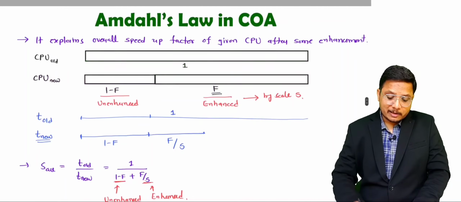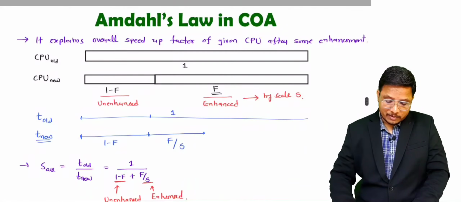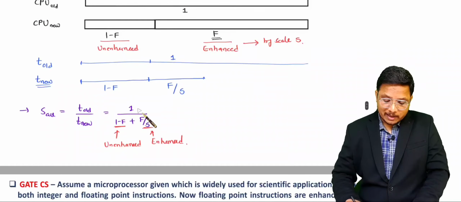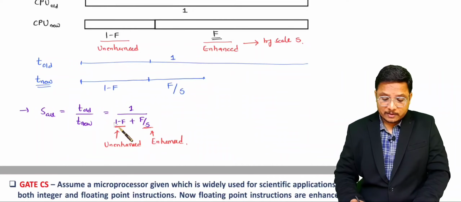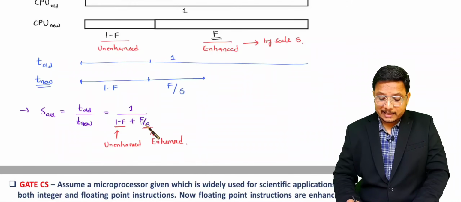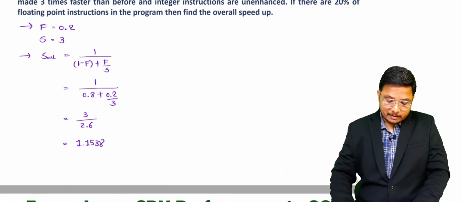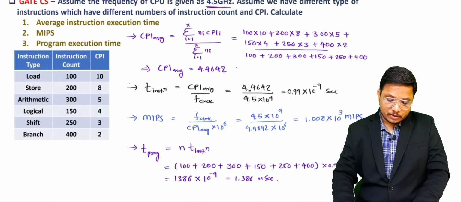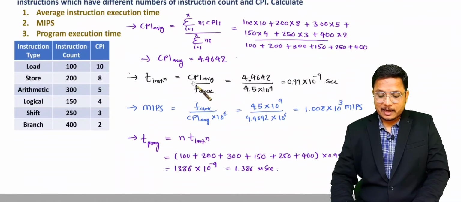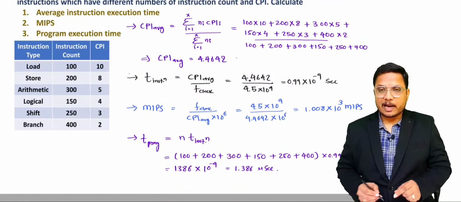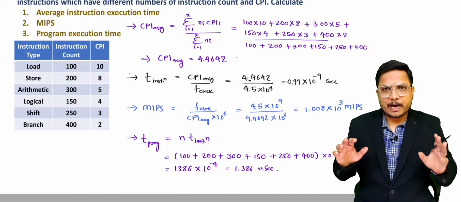And Amdahl's law is very essential, in which overall performance is 1 divided by 1 minus f plus f by s, where 1 minus f is the unenhanced fraction of CPU, and f by s is the enhanced fraction of CPU, right? And a few more basic things that you should know, like how to identify one instruction time period, that is average CPI divided by f clock, right?